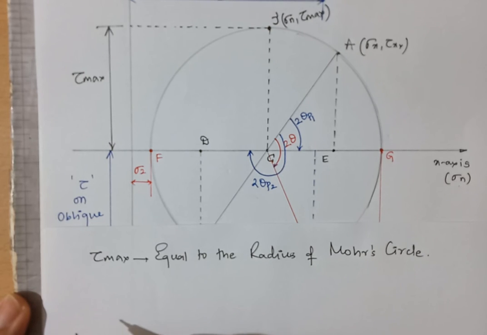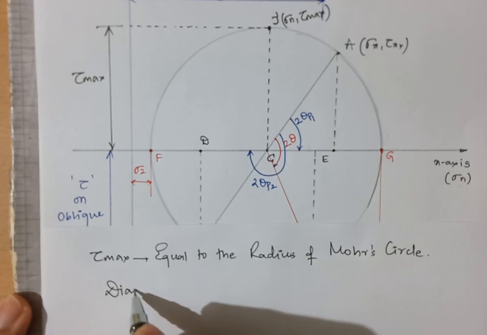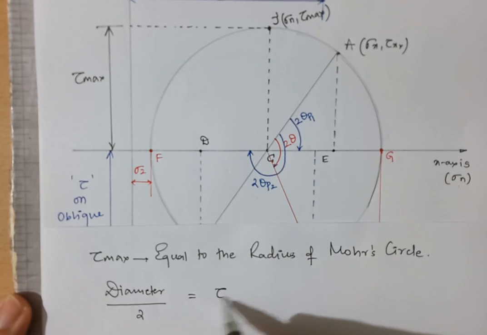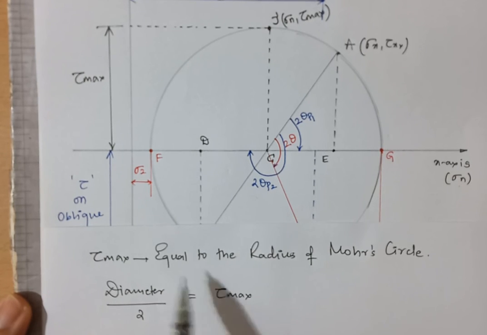So how are you going to calculate the radius? In order to calculate the radius, first let me consider the diameter, because diameter divided by 2 gives me the radius. So diameter divided by 2 gives me tau max. Why? Because I told you tau max is equal to the radius of the Mohr's circle.